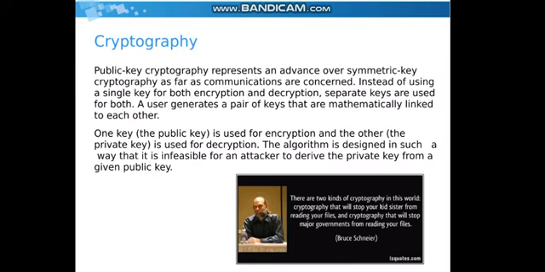One key, the public key, is used for encryption and the other, the private key, is used for decryption. The algorithm is designed in such a way that it is infeasible for an attacker to derive the private key from a given public key.